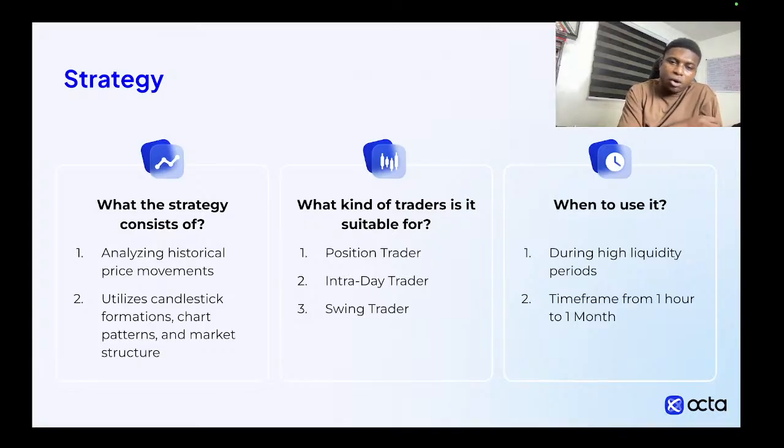It's suitable for position trader, intraday trader, and swing trader. Okay? Good. Now, when to use it? During high liquidity period, also on time frame from 1 hour to 1 month. Okay? Good.